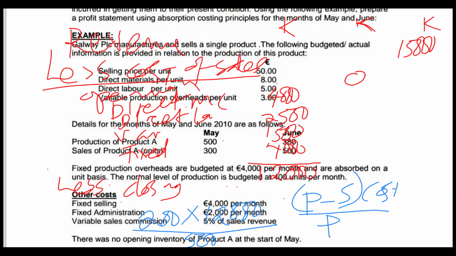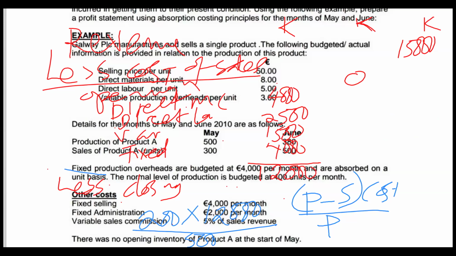So what do you find as the closing inventory? I have a question, sir. Yes. How did you find the fixed production overhead? We are already given it in the question.